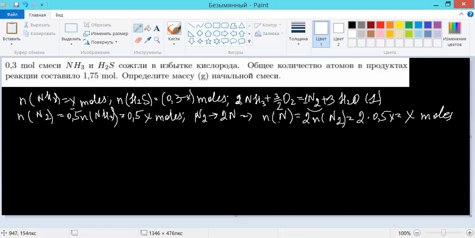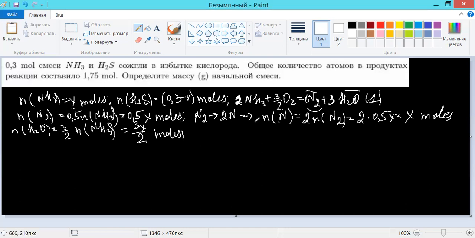Okay, then, so we are through with this part, and now we can proceed to this one. We see that the coefficient here is 2, and here the coefficient equals 3. For that reason, we can write that n of H2O equals 3 over 2 n of NH3. I guess it's clear, and that means 3x over 2 moles, okay?